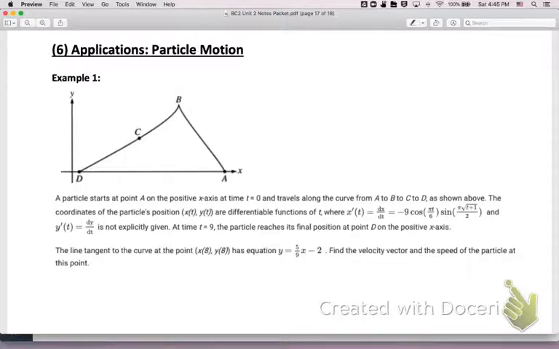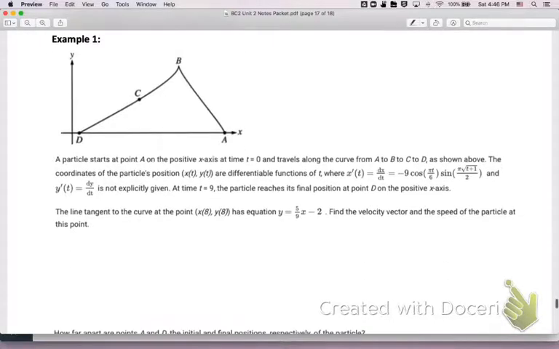The coordinates of the particle's position, x of t, y of t, are differentiable functions of t, so these are parametric, where x prime of t, dx dt, is equal to negative 9 cosine pi t over 6 times the sine of pi square root t plus 1 over 2, and y prime, dy dt, is not explicitly given. At time t, the particle reaches its final position, point D, on the positive x-axis.